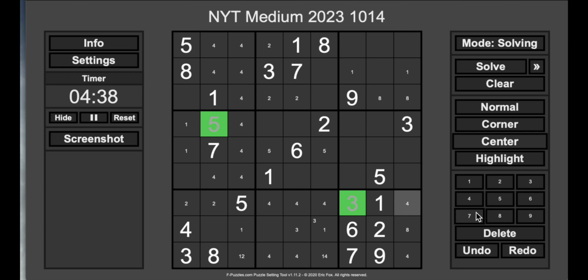It has to be one of these 2. Which means 8 is definitely somewhere in this column.